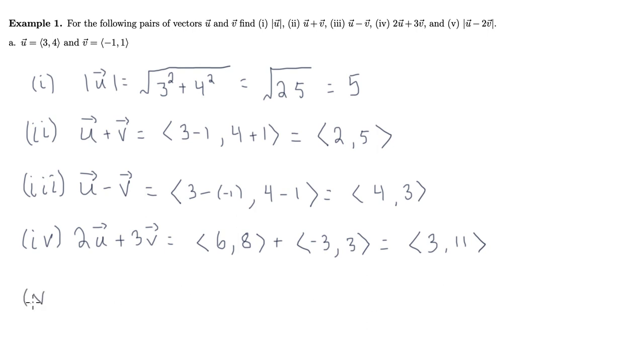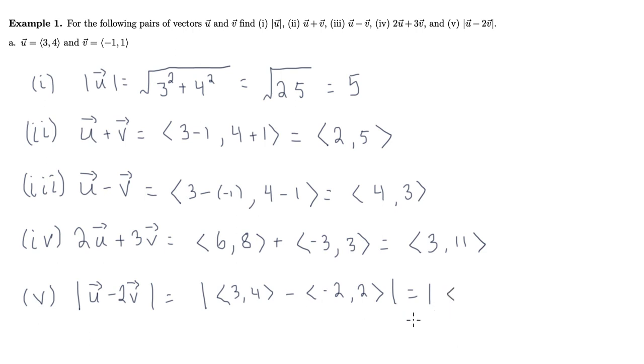And then finally, for the last part, we want the magnitude of u minus 2v. Okay, and this is going to be the magnitude of, well, I'm going to take 3, 4, and I'm going to subtract twice v, so that's minus 2, 2. Okay, and this is the magnitude, so I'm just going to go ahead and do this difference.